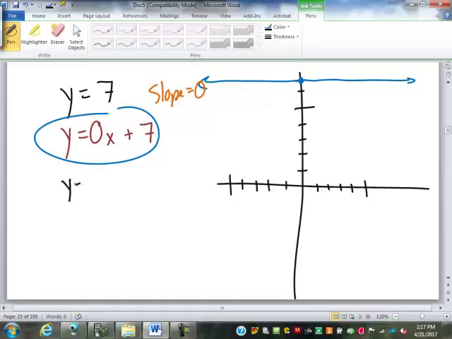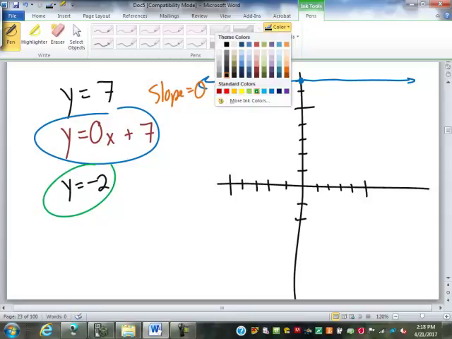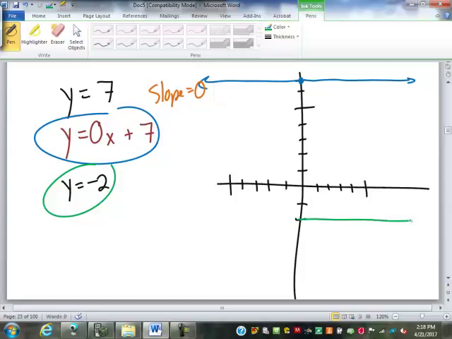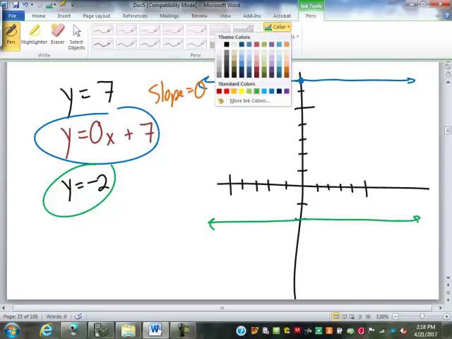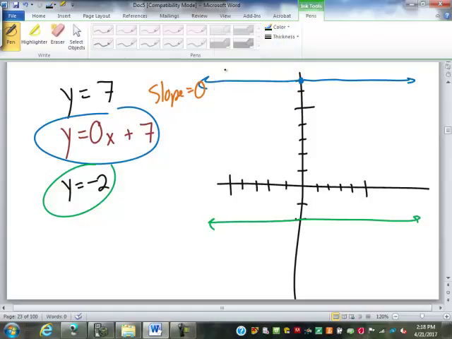So if I wanted to graph y equals negative 2, where's that going to be? Yep, we go down to 0, negative 2, and yes, it's going to be a flat line at negative 2. So that makes sense. We have a slope of 0, and a y-intercept of whatever that number is. This does not quite fit in. How about if we have x equals 3?